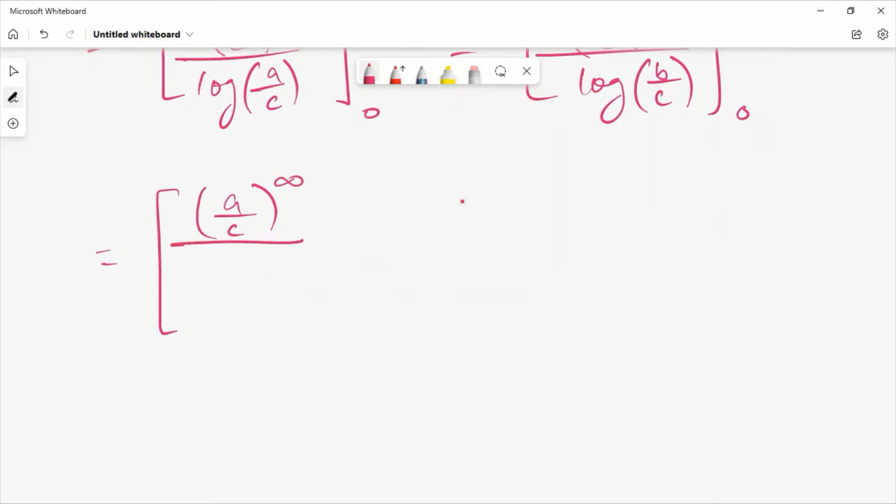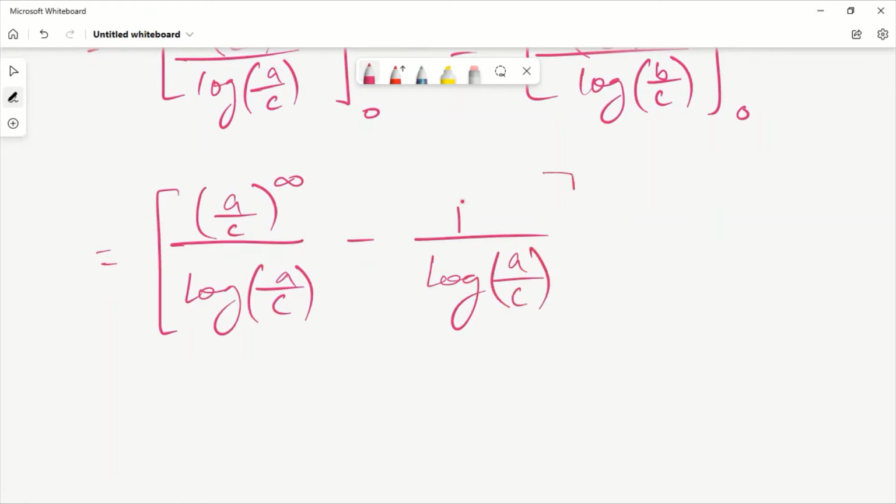When you substitute the upper limit, it's infinity, and there is nothing to substitute in the log a by c. When you give it power 0, it will become 1 by log (a by c).